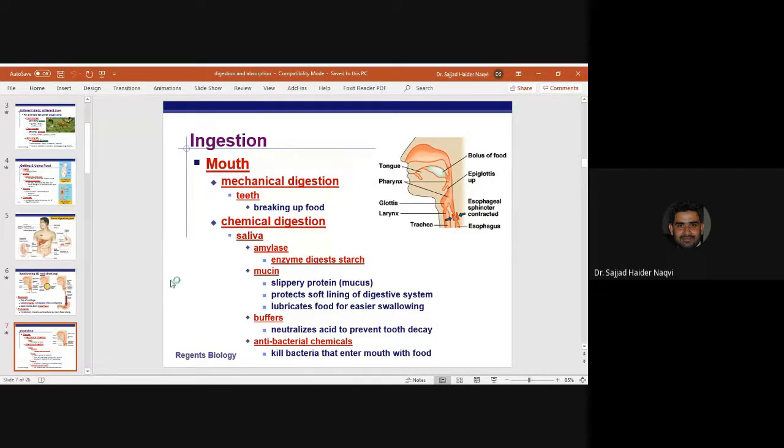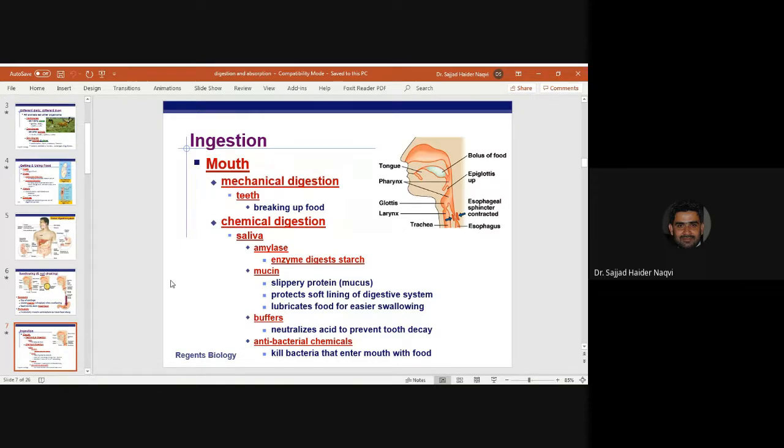Then there are certain buffers to neutralize acids present in your diet to prevent tooth decay, because some foods are naturally acidic in nature. So you need those buffers in the mouth. And then we have certain antibacterial chemicals which play a vital role in killing the bacteria coming through the food in the mouth before they enter your digestive tract.